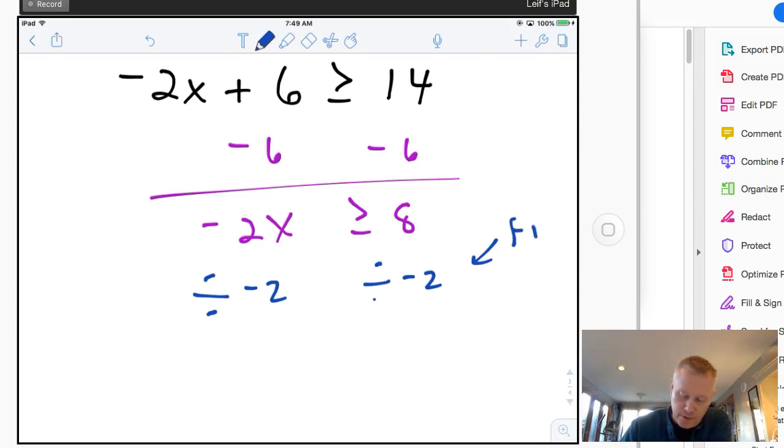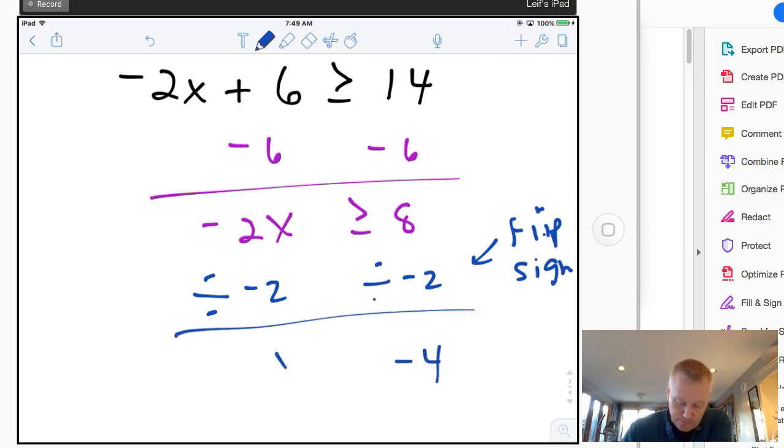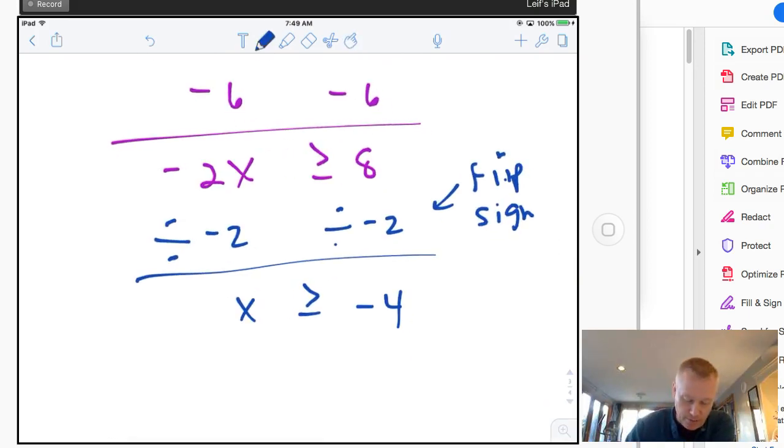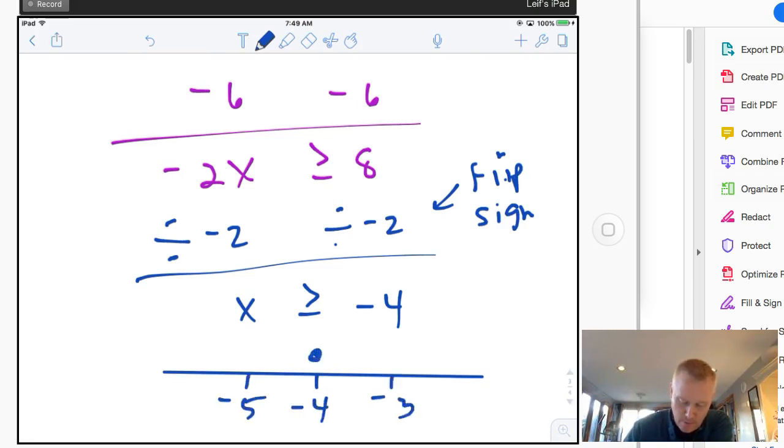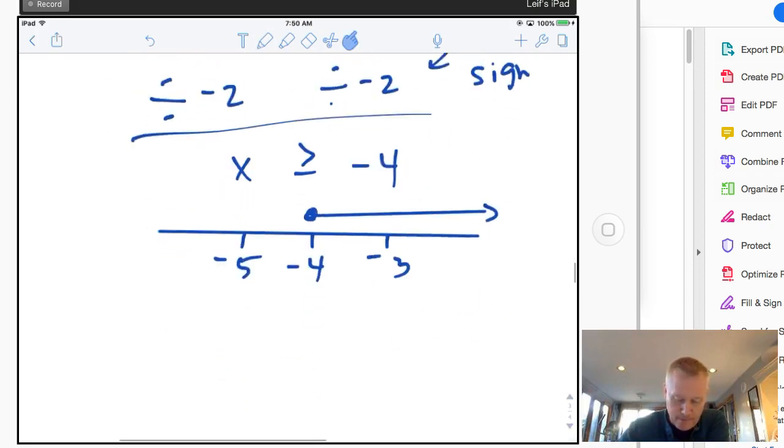Have to flip the sign. So 8 divided by -2 is -4. So that's my answer, okay? If they ask you to graph it, it's going to be a solid dot. And numbers that are greater than are on the right. That's it.